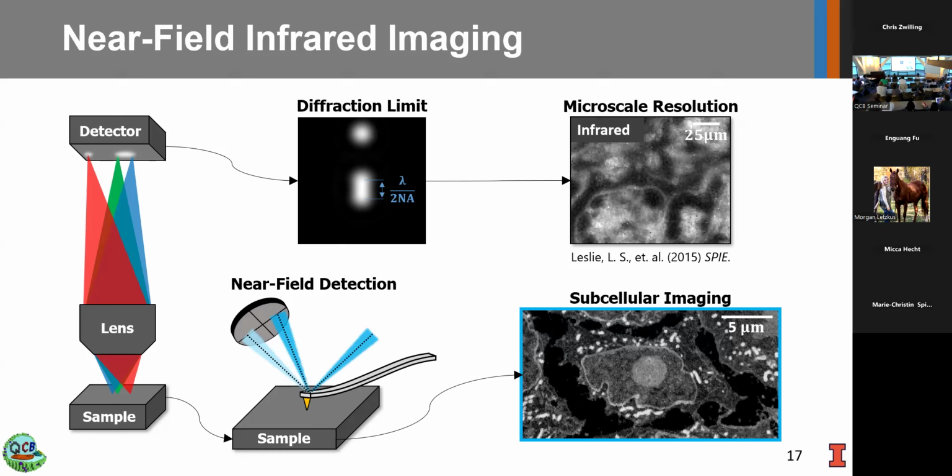These can be modified in several ways to perform chemical imaging. The example shown here is a map of the amide 1 absorption band, which is essentially protein, within a single cell, revealing subcellular protein content.